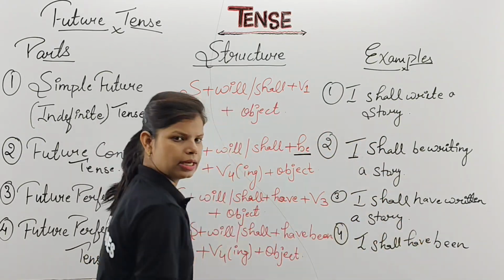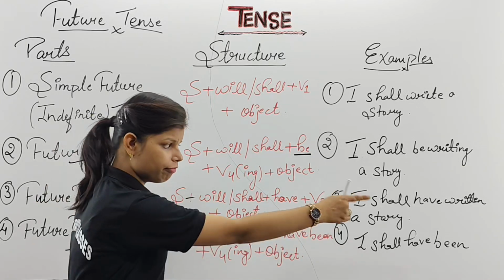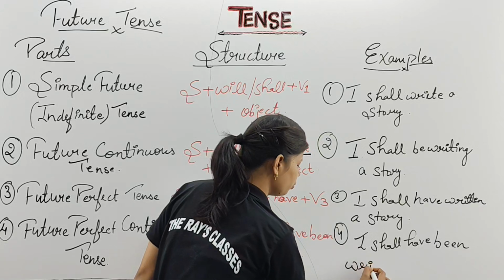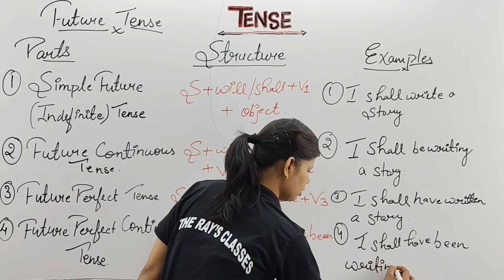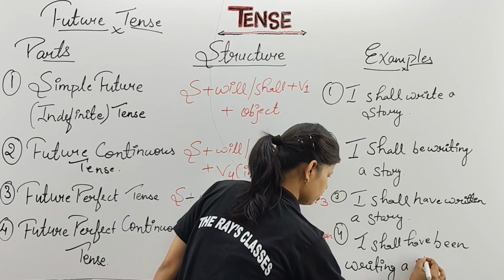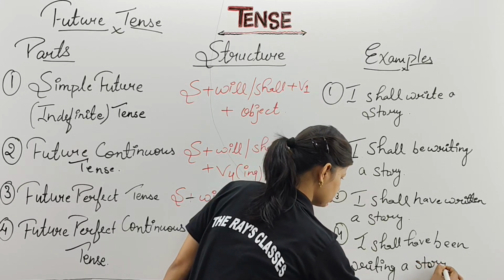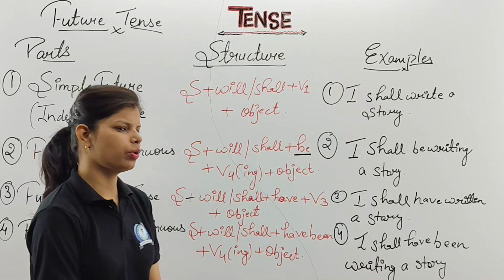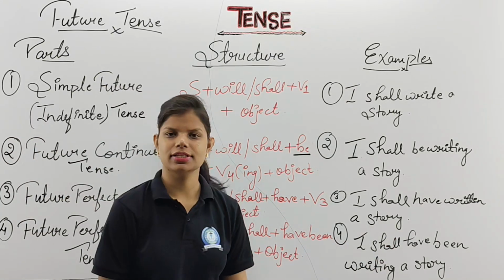Here we have to use been. I shall have been. What are you doing or what do you want to do in future? Writing a story. Clear? That means what? I shall have been writing a story.